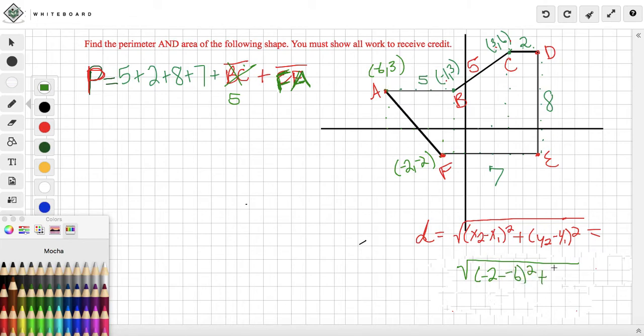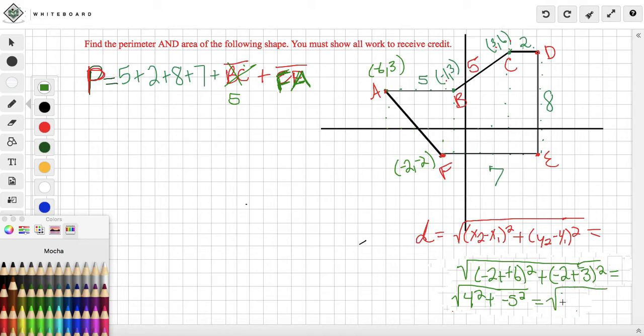I'm going to square that, plus y2, which is going to be -2 again, minus y1, which is 3. And we're going to square that. And then we're going to add this together. -2 plus 6 is going to give us 4. So that's 4 squared plus -2 minus 3 is -5 squared.